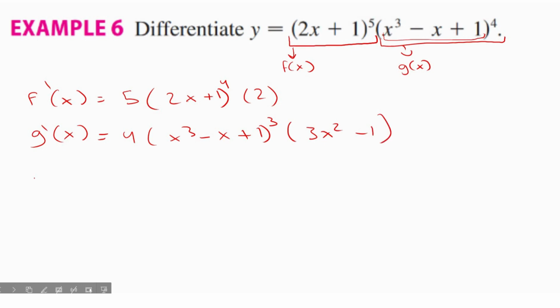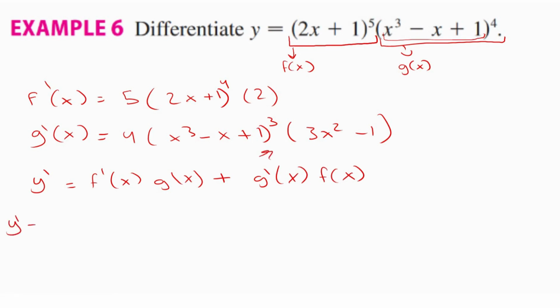Now to write y prime, we know that the product rule is going to be f prime of x times g of x plus g prime of x multiplied by f of x. So this will be y prime equal to f prime of x, what we found here.